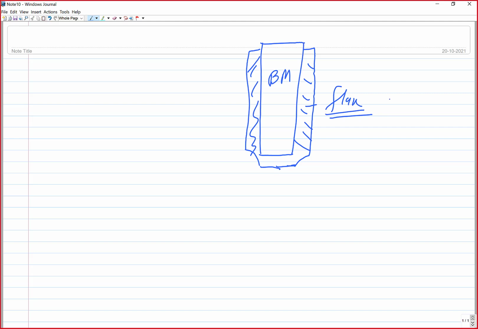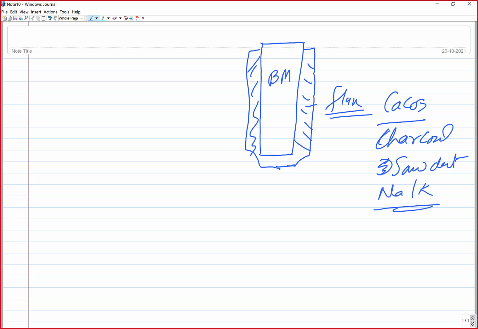Some of the most common ones are calcium carbonate, charcoal, and sawdust, like when you cut the wood and whatever dust is produced. Then sodium and potassium are used as binding agents, and likewise there is silica, and a number of other constituents are also added. These are added for special purposes, to achieve specific purposes.